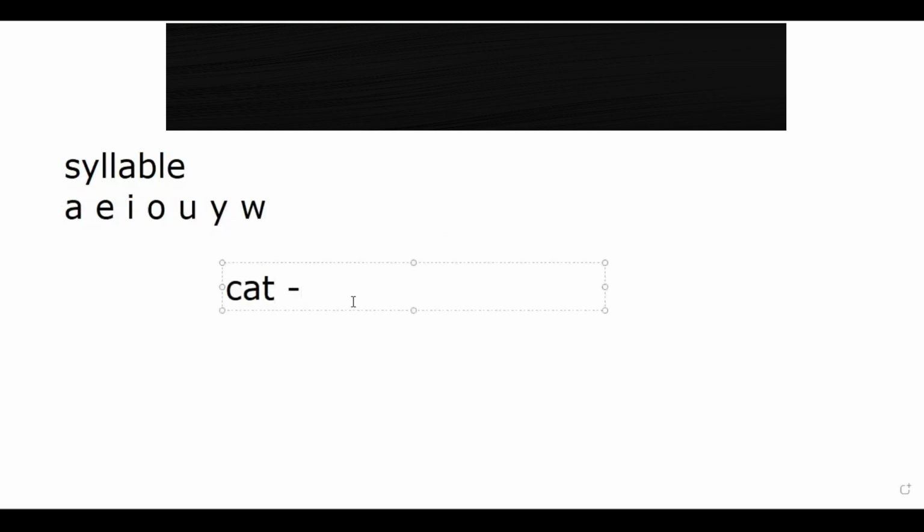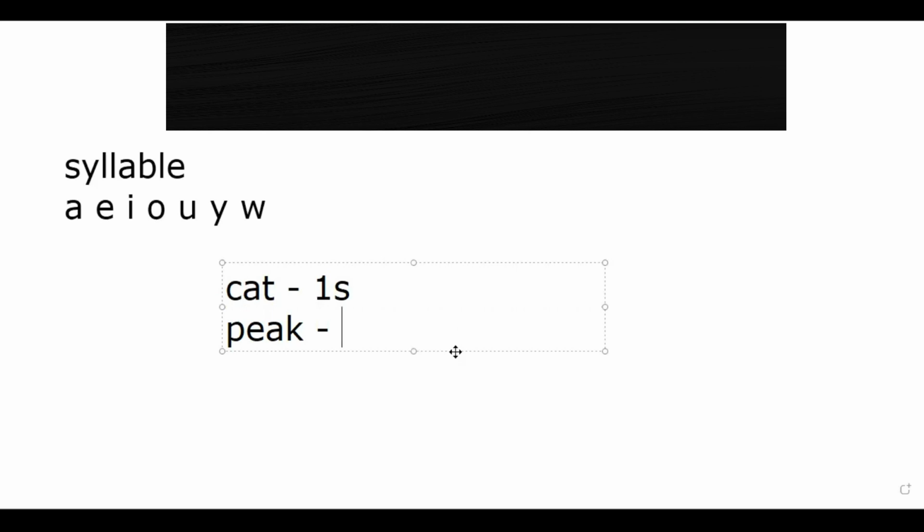How many vowels are there in this word? 1. How many vowel sounds do we have in this word? 1. So it is the sound of the vowel, right? Only one vowel sound. So the word is with one syllable. Next, the word. How many vowels are there? 2. How many vowel sounds are there?